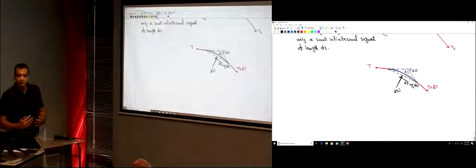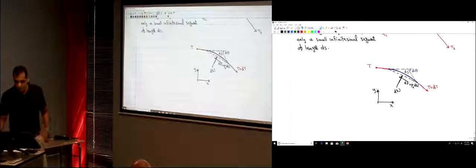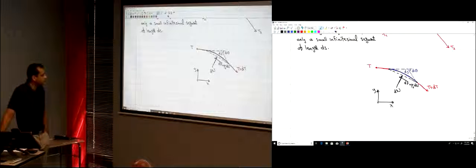How do we study the equilibrium? The equations of equilibrium: the summation of the forces in the x direction equals 0, and the summation of the forces in the y direction equals 0. So where's the x direction, where's the y direction? They don't have to be like this. If I choose this x and y, as you see here, all the forces are inclined.